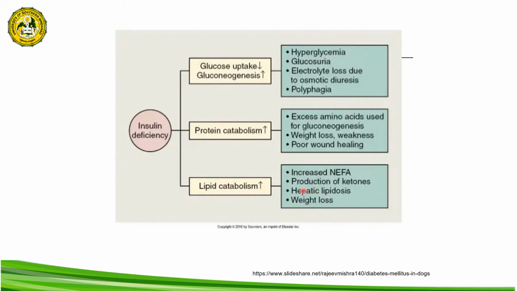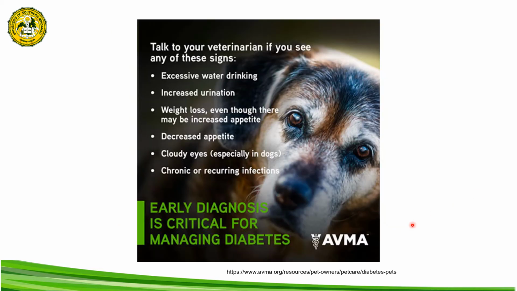And these ketones will be produced through the catabolism of fats or lipids. These ketones can be demonstrated in the blood or the urine. High ketone levels may indicate diabetic ketoacidosis, or DKA, which is a complication of diabetes that can lead to coma or death. So these are some of the early signs of diabetes mellitus in pet animals.